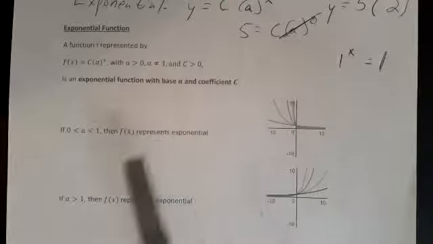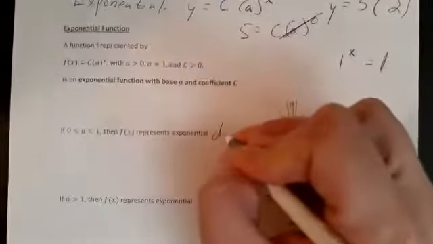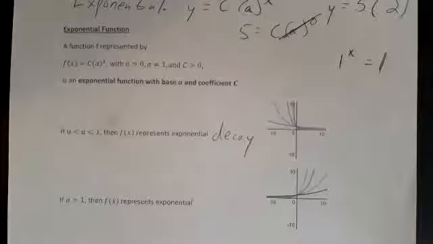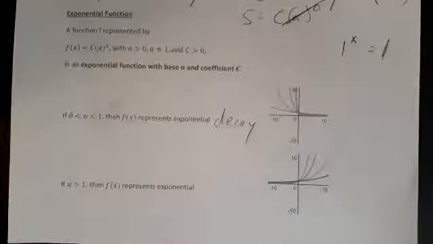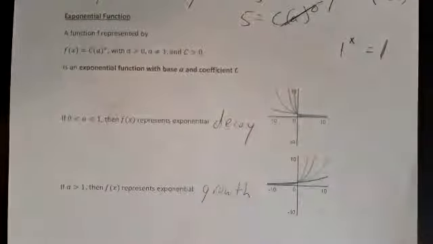We're multiplying by a fraction, and so that is going to be exponential decay. And if it's greater than 1, then we're multiplying by a number larger than 1, kind of like the times 2 in the example. This is going to give us exponential growth.